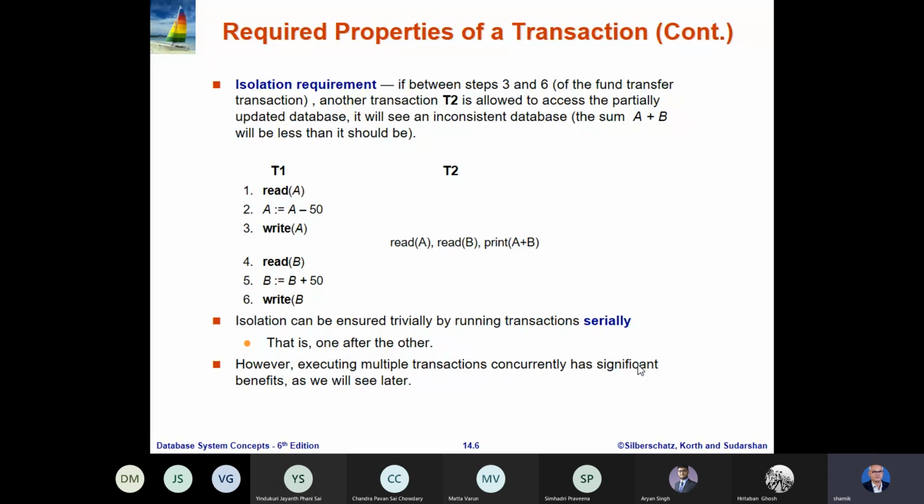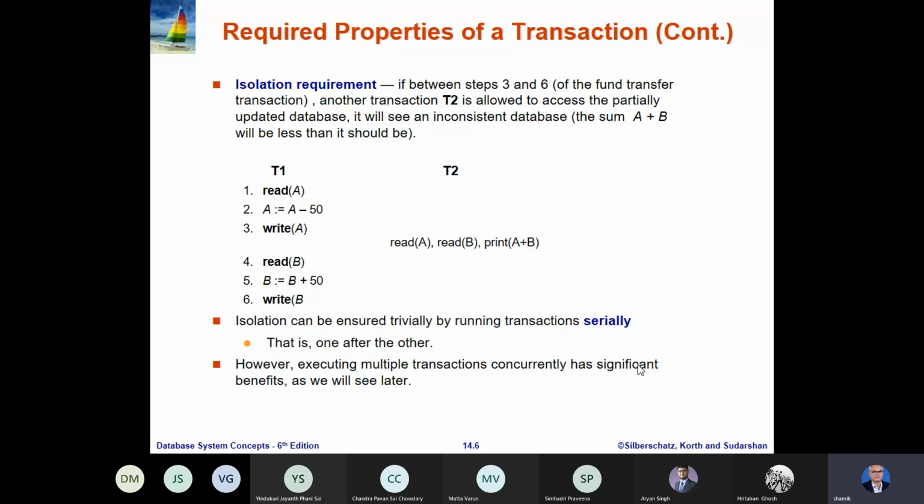So actually there will be concurrent operation, but not every type of intermingling will be allowed. Only certain types which maintain isolation, meaning the output will be the same as what you would get had the transactions been executed in isolation. That is why this property is called isolation.